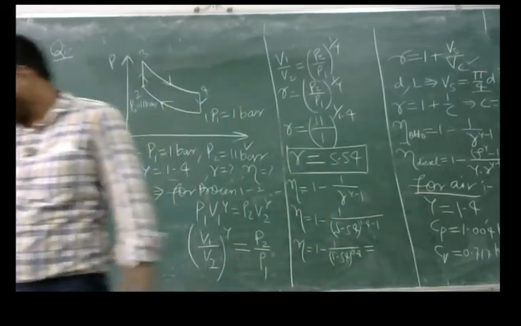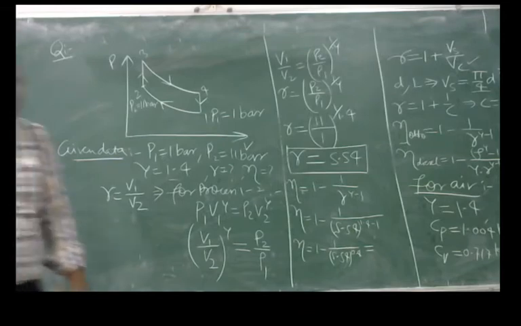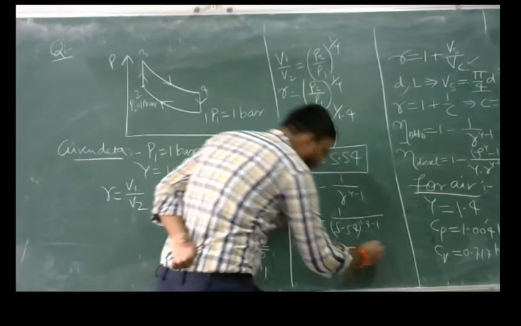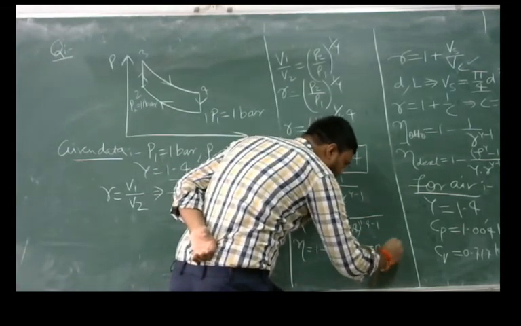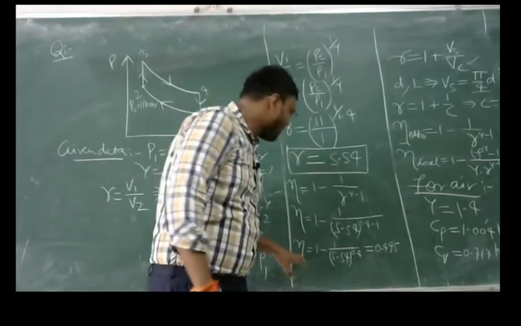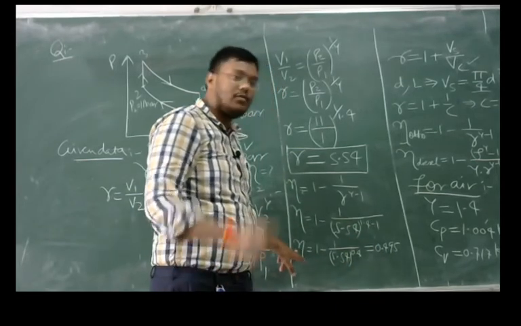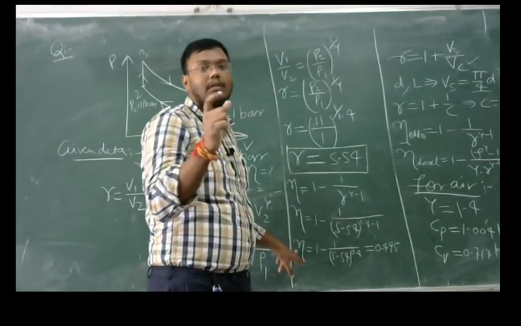You will get the value of eta equal to 0.495. This is the fractional value, but you always calculate efficiency in terms of percentage.